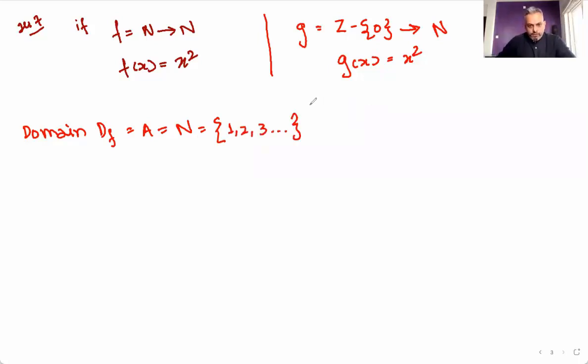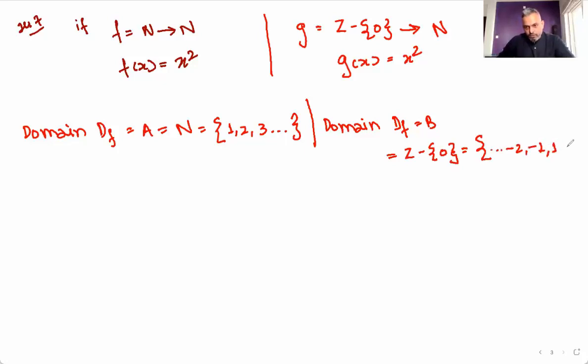Over here for function g, domain of g is equal to B, which is equal to Z minus 0, so which will be equal to negative, minus 2, minus 1, positive 1, 2.